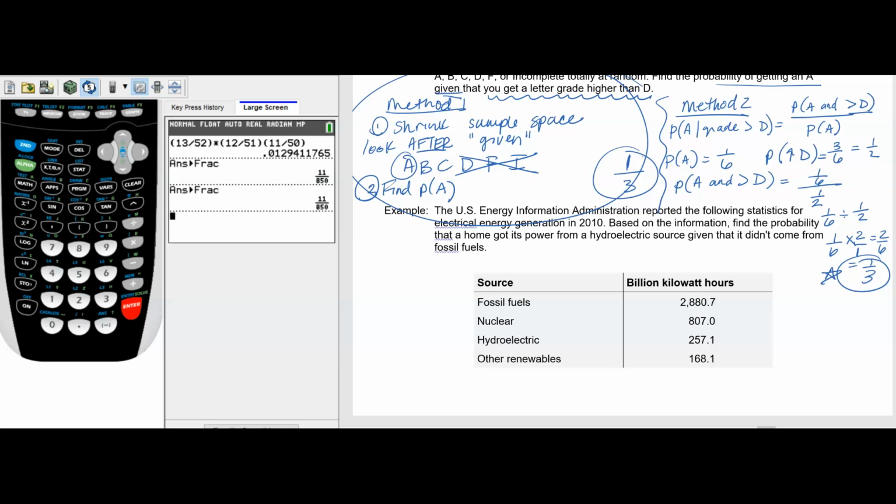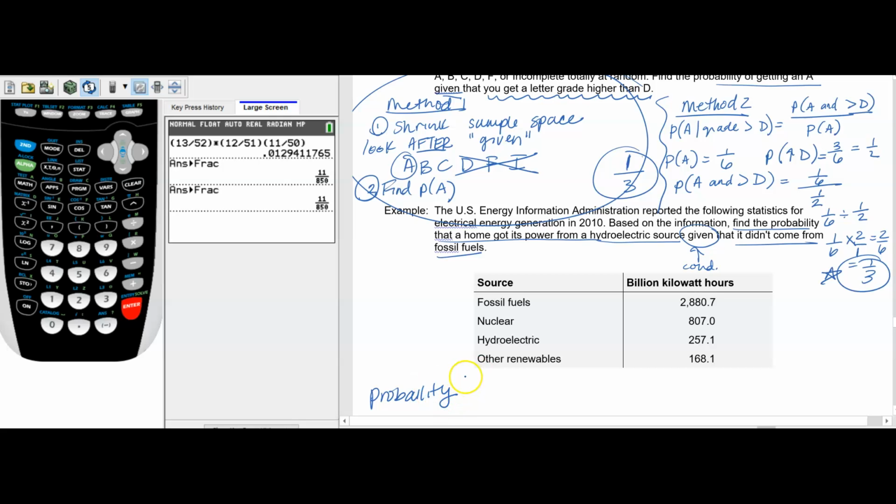So we've got this table here, and I'm just going to jump right to the question. The question asks, find the probability that a home got its power from a hydroelectric source given, okay, so this is conditional, that it didn't come from fossil fuels. So the first thing I'm going to do is narrow down my sample space.